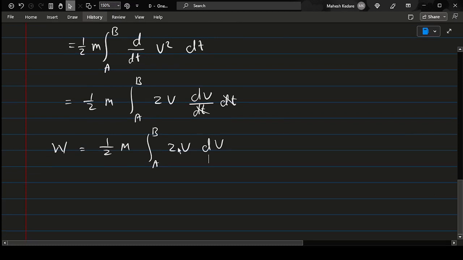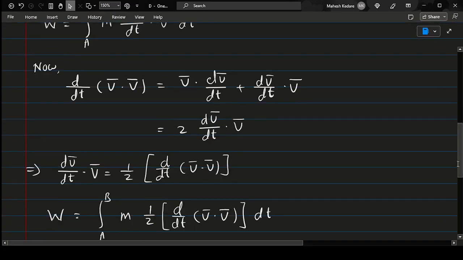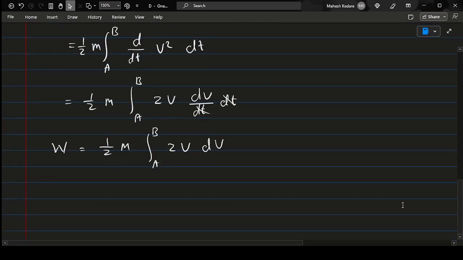Now we have obtained the integration where the variable of integration is the velocity. We started with the definition of work, and now we have arrived at an integration where the variable of our integration is the velocity. So we have an integrand that is a function of velocity. Velocity for this integration is an independent variable.